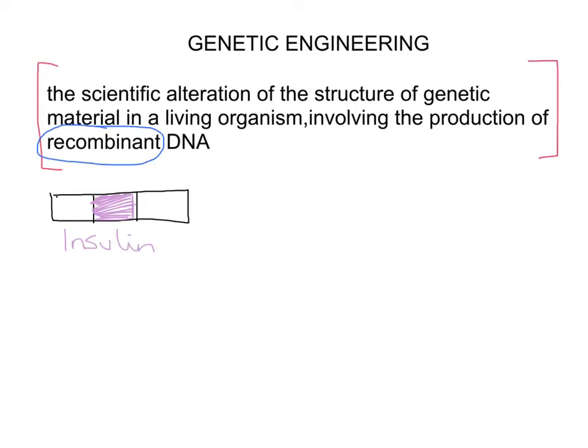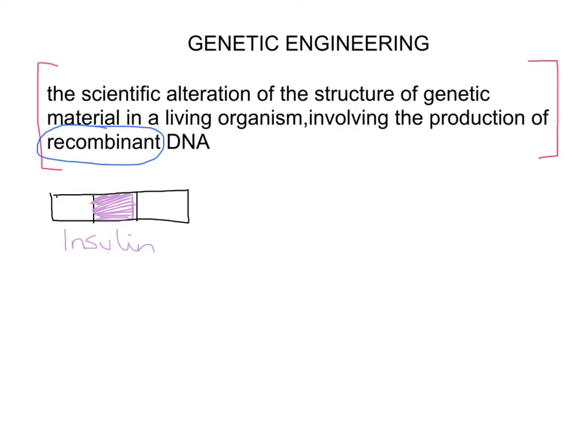So the first thing that you would do, so we're going to use the insulin process as our example, is you take a piece of DNA, select the DNA, you find the portion that you want, and we've said that this purple section here is the genetic information that we want.